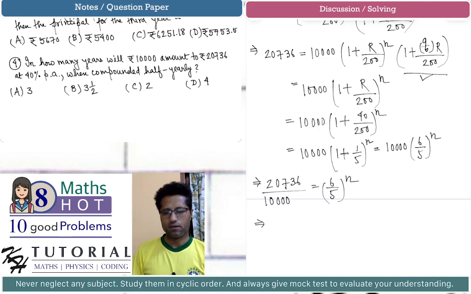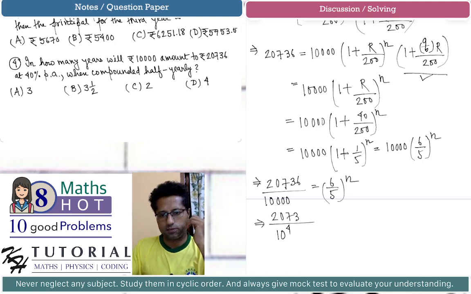So the denominator on the left hand side is 10,000, it's a power of 10. So the denominator is 10 to the power 4, and the numerator is 20736.